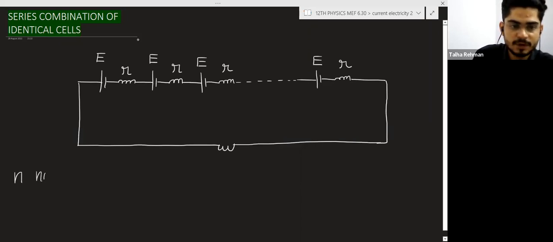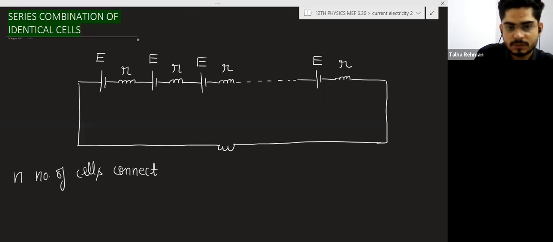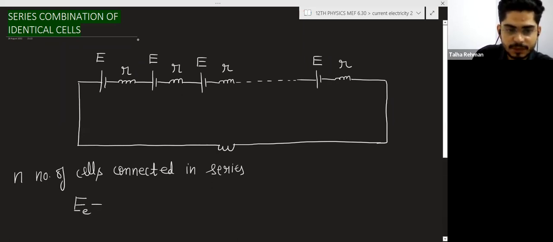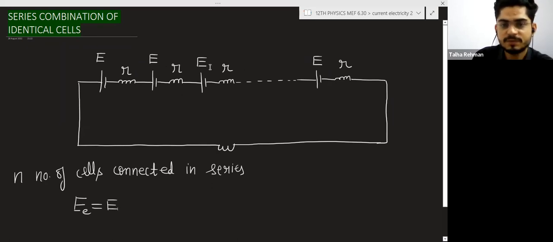In this case, if you want to find E equivalent, you will just add all these EMFs in series.